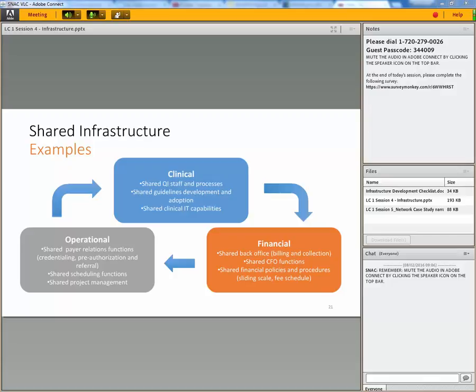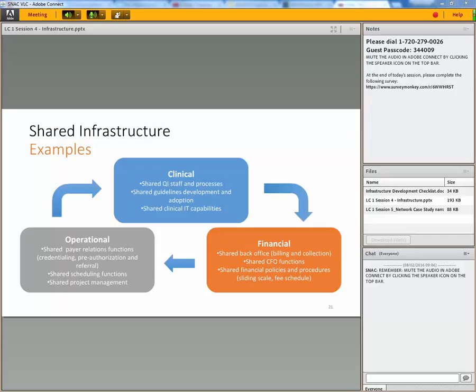In the operational realm, they may develop shared payer relations functions, which could include network-level credentialing or the network handling pre-authorization and referral processes on behalf of its members. They may have shared scheduling functions. They may move towards more consistent practice management systems and capabilities.